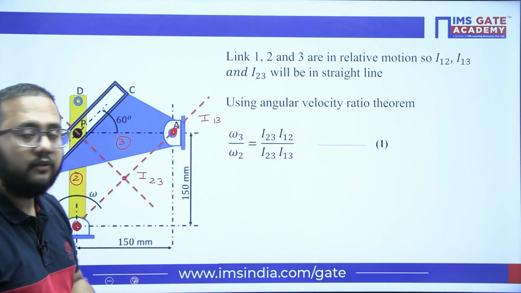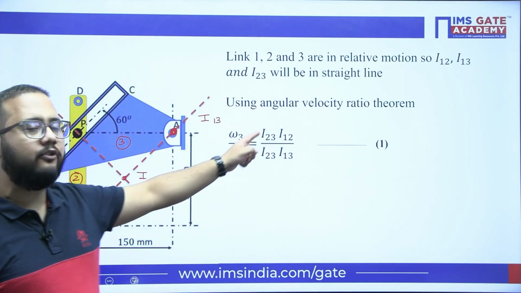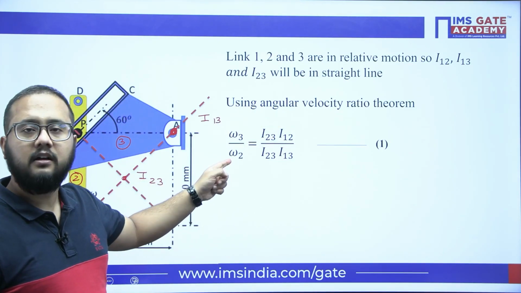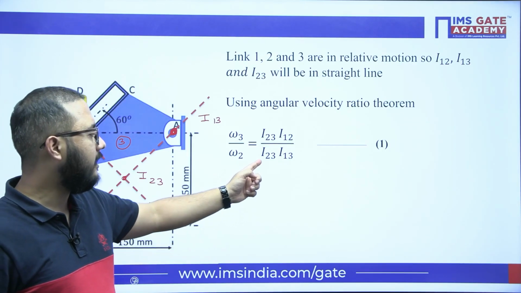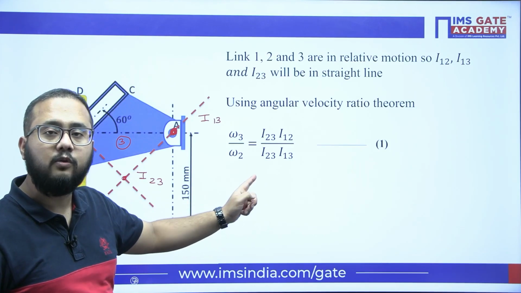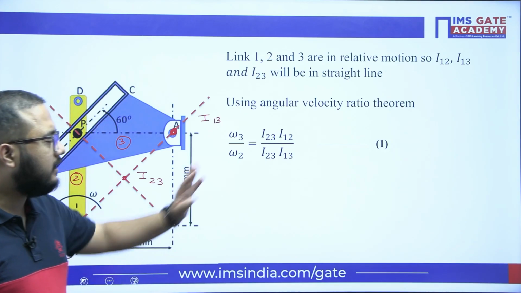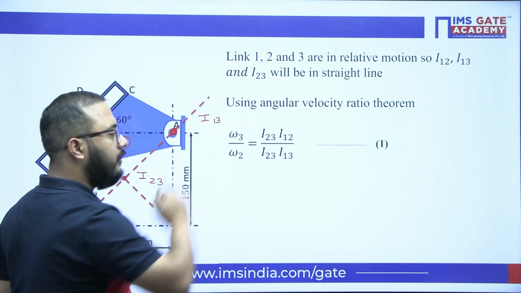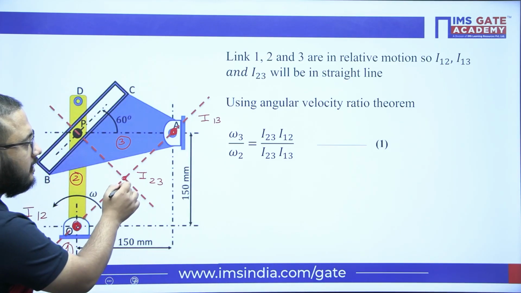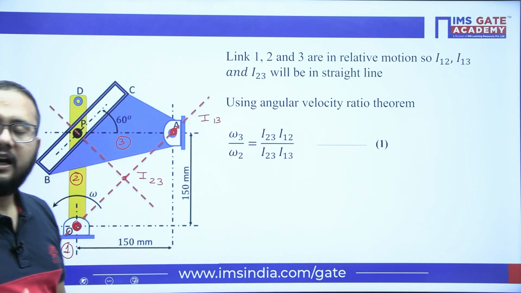The common I center is I23; we need its distance from I12, the I center of link 2 with respect to fixed, and its distance from I13, the I center of link 3 with respect to fixed. But the problem is how to get these distances, between I12, I23 and I13.